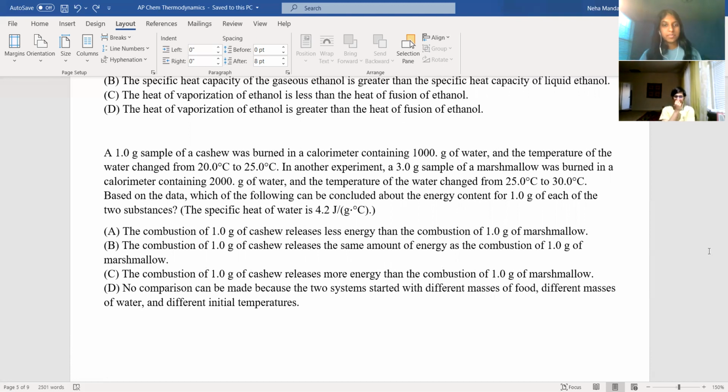So 1 gram was burned in a calorimeter containing 1,000 grams of water. I have a question. When do you know when to add the grams of water plus the other thing, in this case the cashew? Would you do 1,001 or just 1,000?